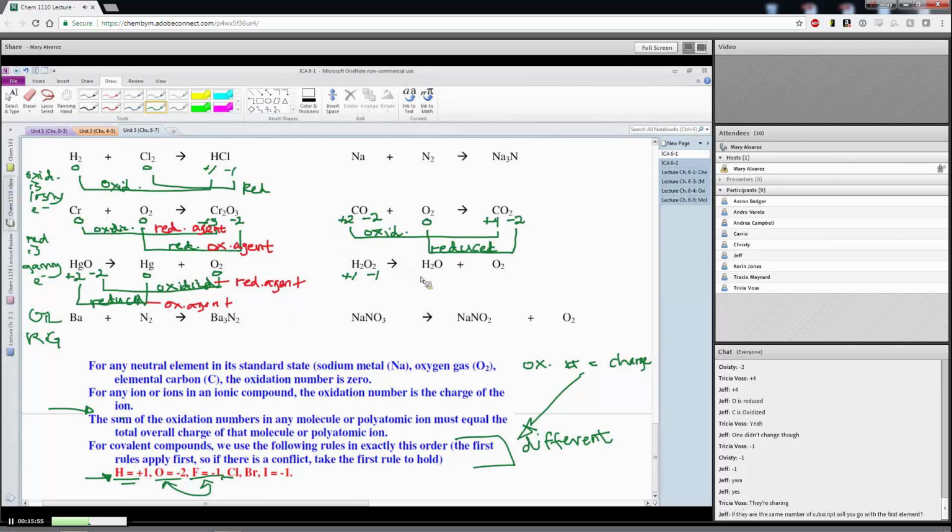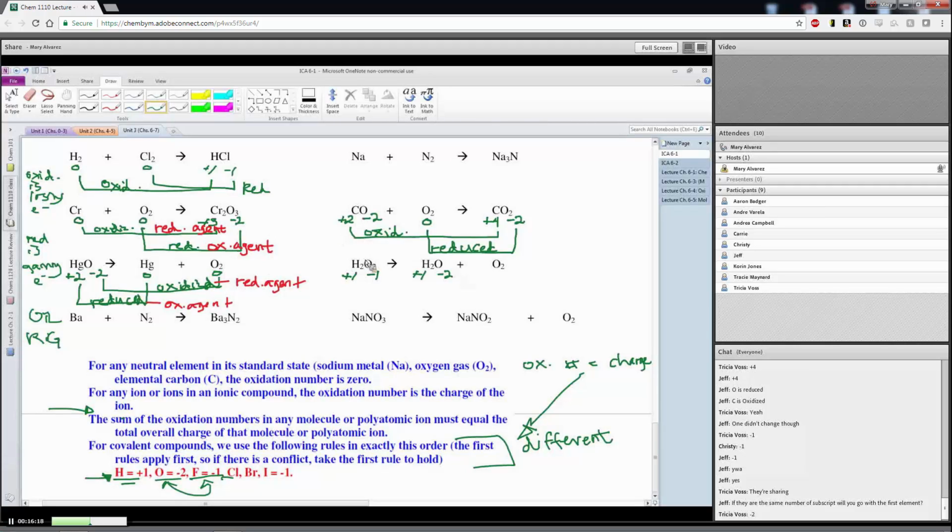Okay, so then on the right-hand side for water, again, this is a covalent compound, and here hydrogen is +1, and there are 2 of them, so this oxygen atom must be -2, perfect. Jeff says, if they're the same number of subscript, will you go with the first element?